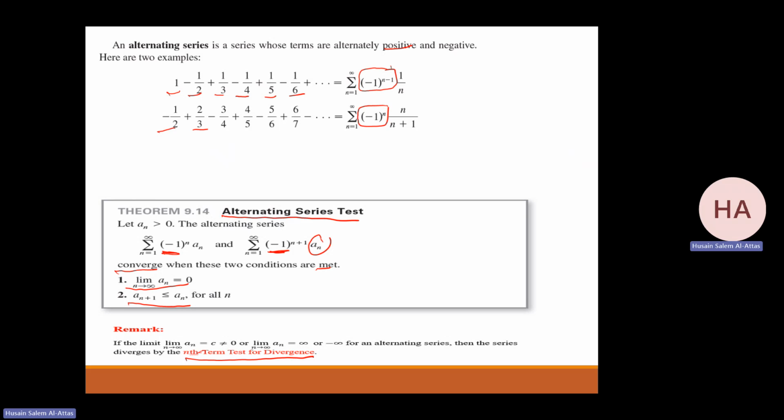But if the first condition is satisfied but the second is not, we cannot conclude anything. You need to think about another method. If the first one is not met, we can conclude that the series diverges. However, the second one will tell us nothing if it's not satisfied.